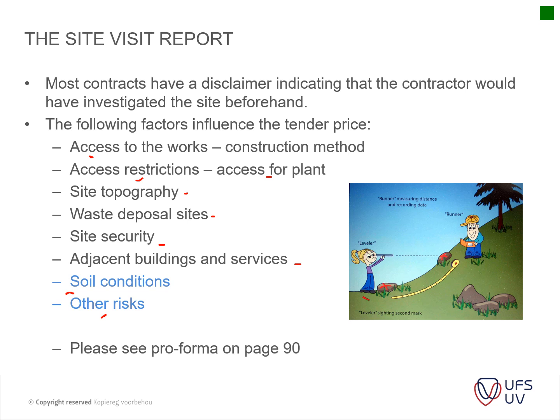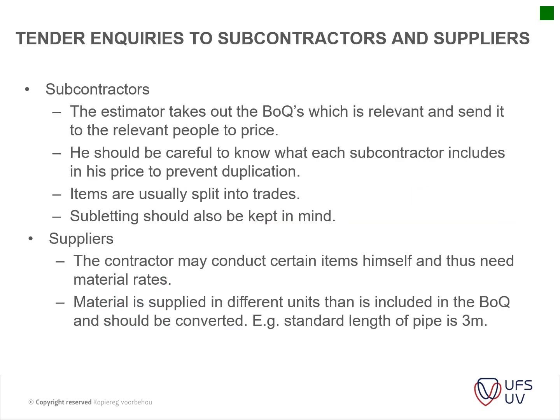Like for instance, is there a school nearby that might be a hazard for children maybe falling into excavations? What type of shoring barricades do you have to use on site? You can have a look at page 90 for the pro forma checklist for your site report.